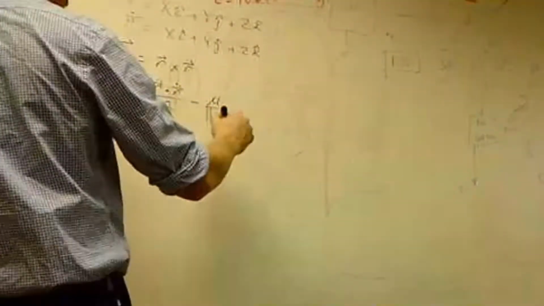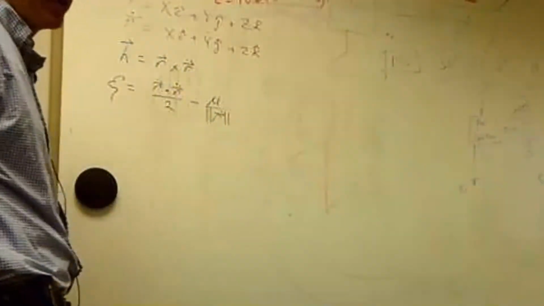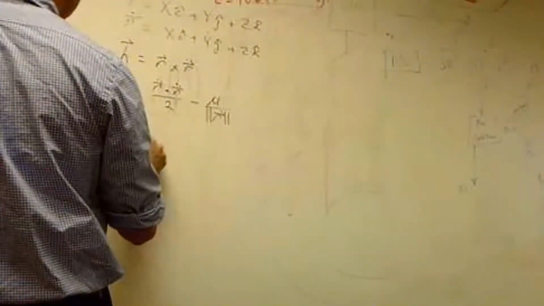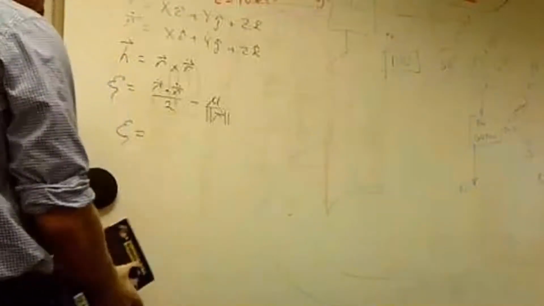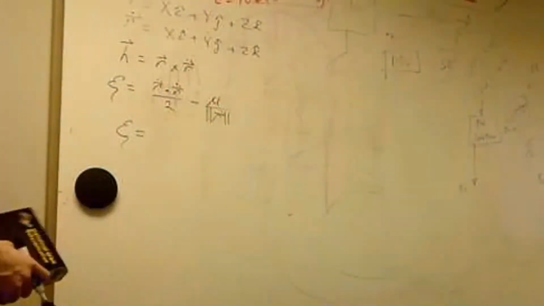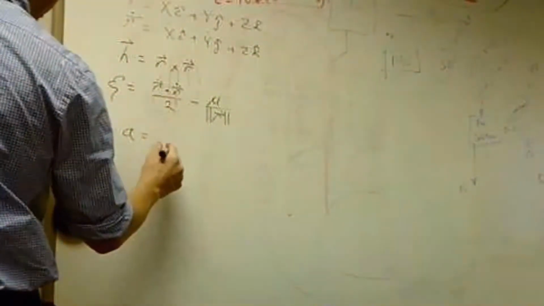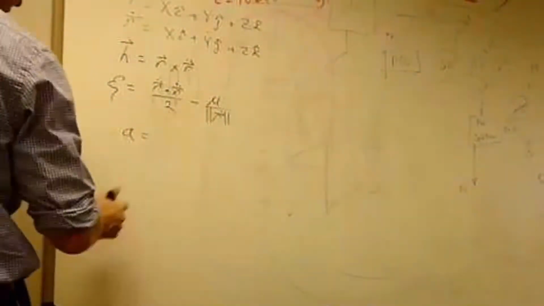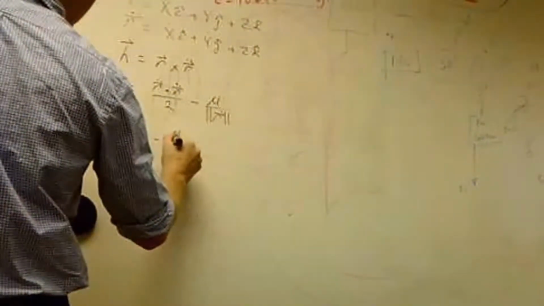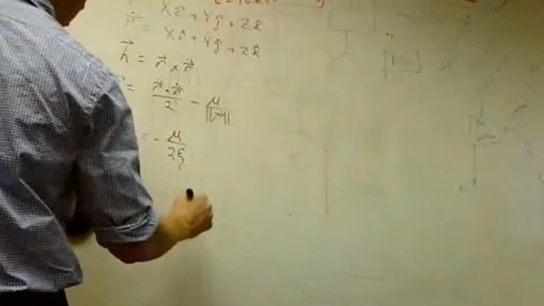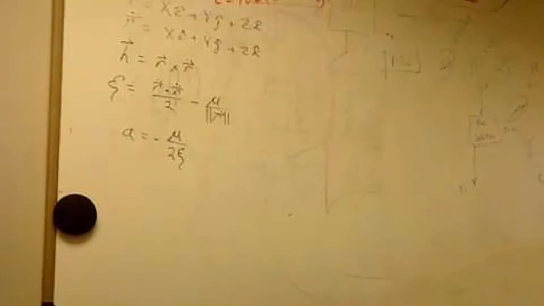Well, when we have our specific energy, we can find our semi-major axis pretty easily. Our semi-major axis out of our specific energy is simply going to be, actually let's write this in terms of semi-major axis first. Ta-da!